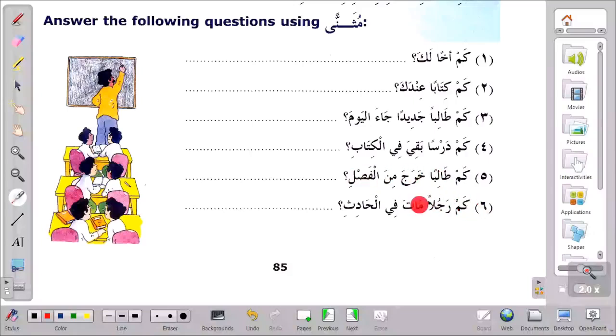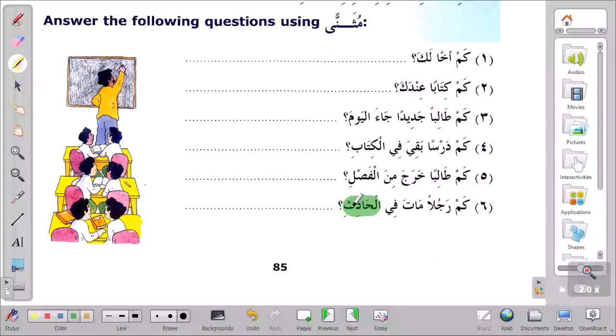Kam rajulan mata fil hadisi? When we say al-hadis, it means accident, like an accident on the road. Maybe a car entered into another car.